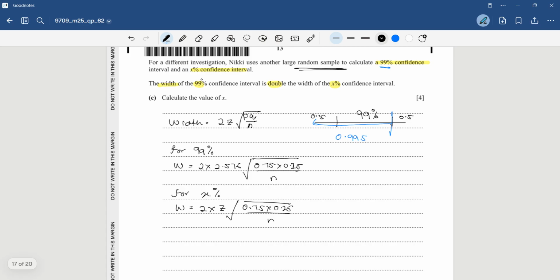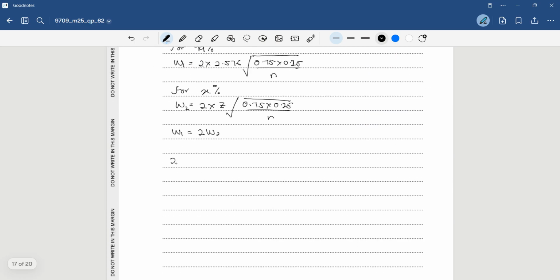And they said the width of 99% is double the X, so maybe I just put width 1 and width 2. Okay, so width 1 is equal to 2 times width 2.